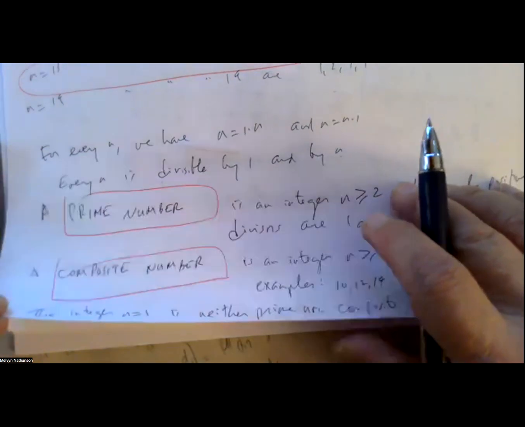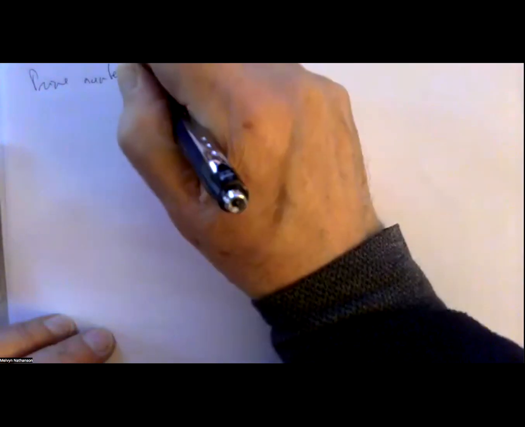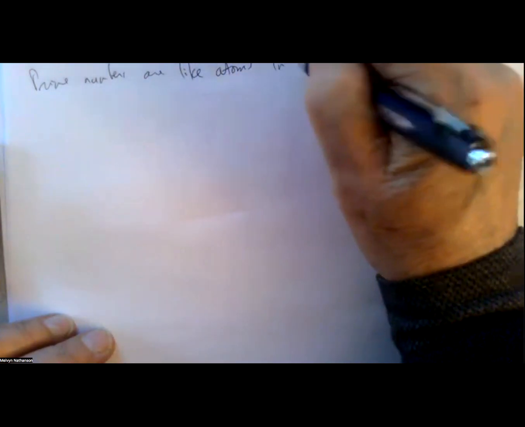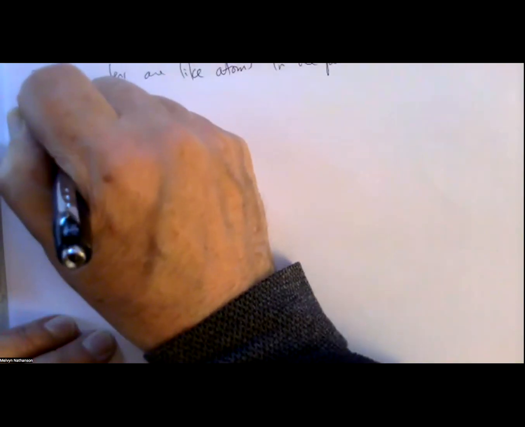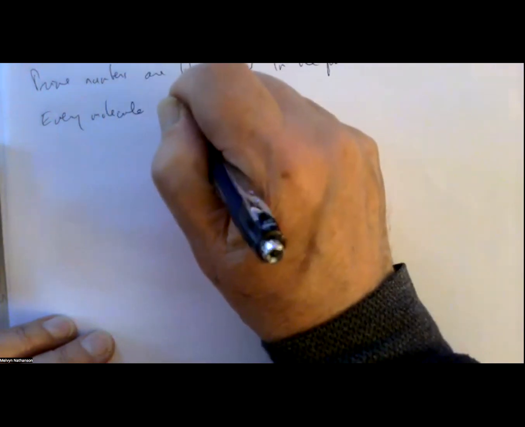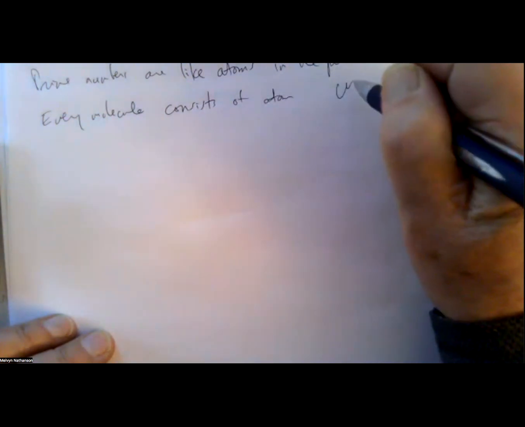You might say prime numbers are like atoms in the periodic table. In chemistry, every molecule consists of atoms, right? So water is H2O.